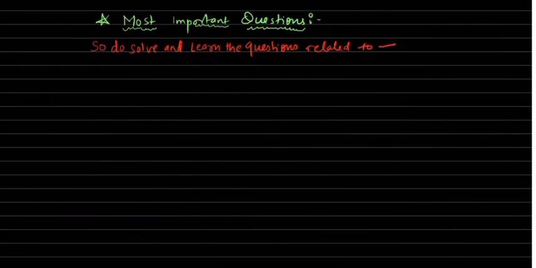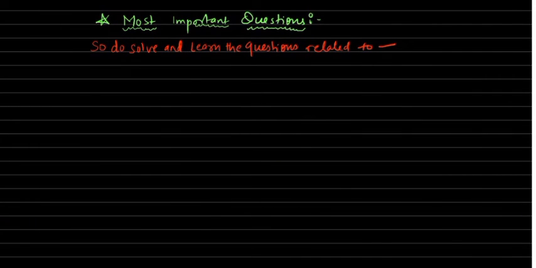Okay, so now in this last session, dear students, I would like to tell you the most important questions related to your board exam, which you need to solve and learn. First, balancing the equation.